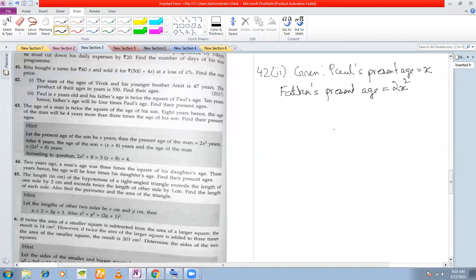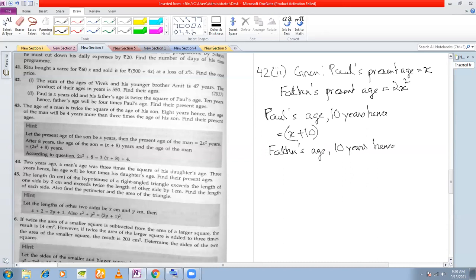That means father's age is 2x square. 10 years hence, Paul's age 10 years from now is equal to x plus 10. Father's age 10 years hence is 2x square plus 10. Present age plus 10 years.